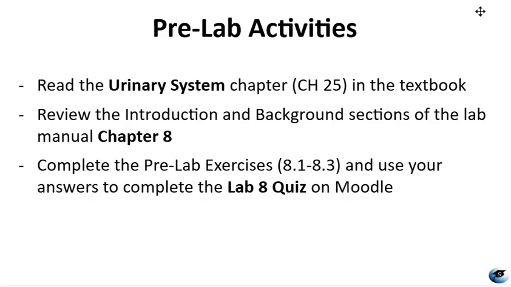These sections provide context for the lab exercises. They will help you see the key structures and outline the objectives that you'll need to achieve. And then finally, complete the pre-lab exercises 8.1 through 8.3. These exercises are designed to reinforce your understanding of the material and, as usual, prepare you for hands-on activities.